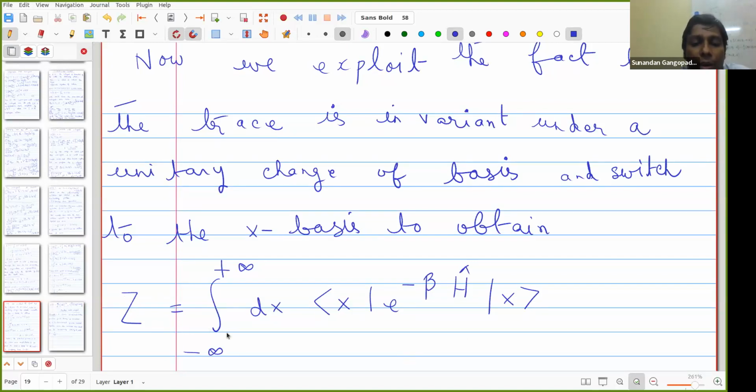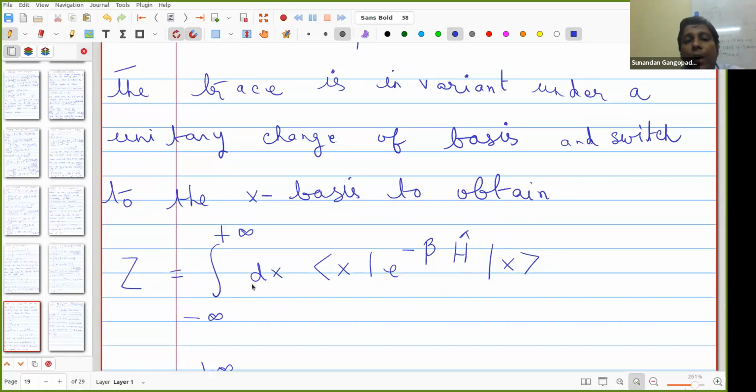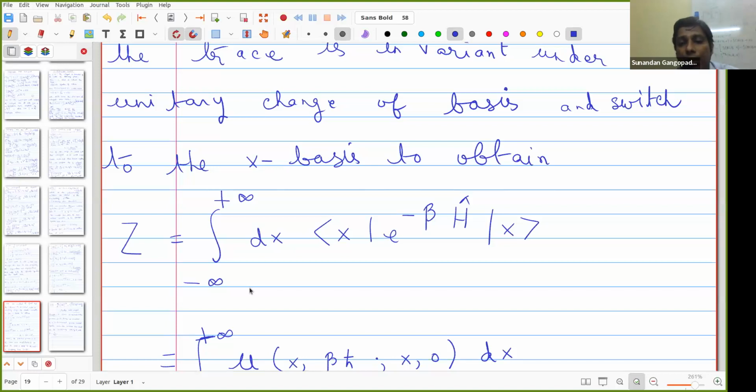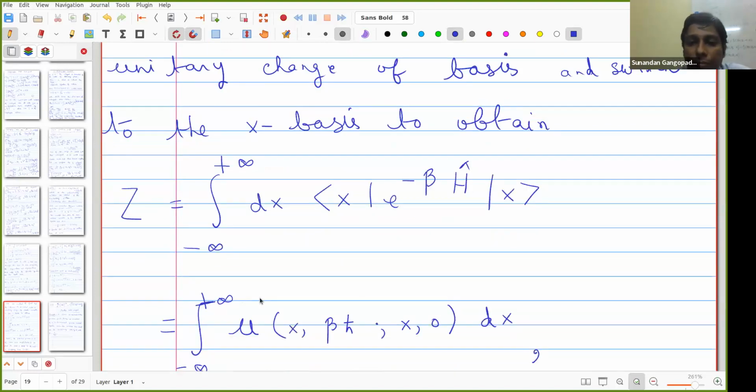The partition function can now be written as, in the position basis, which is a continuous basis, the trace as <x| e to the power of minus beta H hat operator |x>, sandwiched between <x| and |x>, and then integrated over all x from minus infinity to plus infinity. So this is the evaluation of the partition function in the position basis.